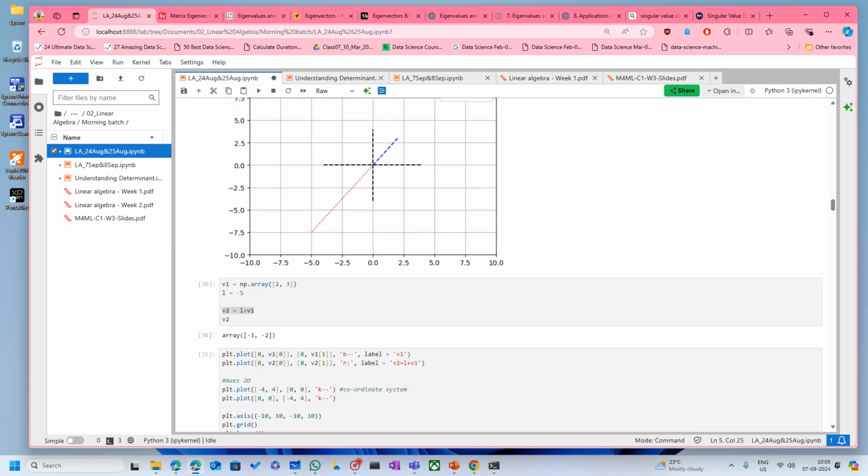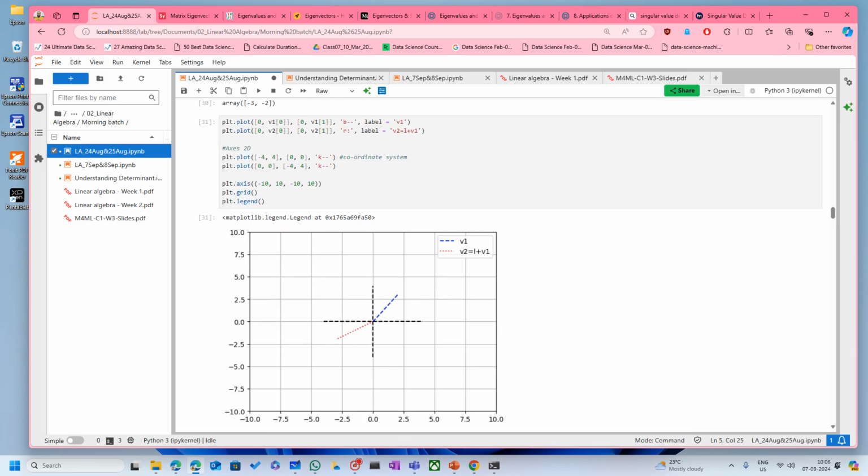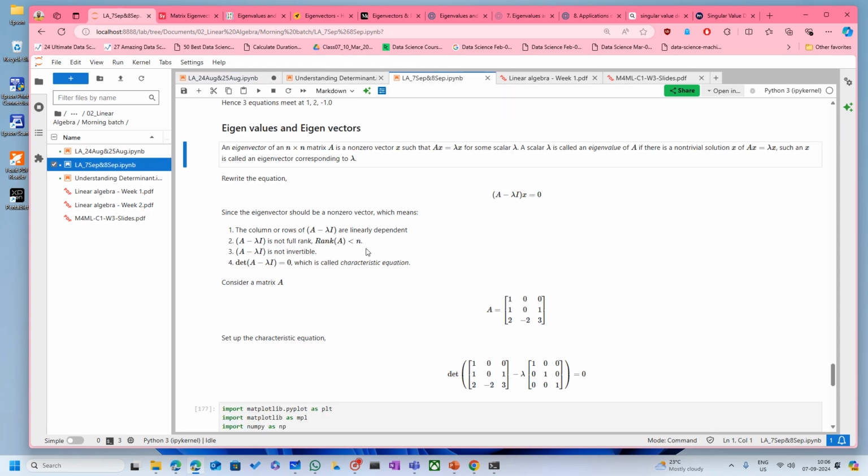So basically what we are saying is, if you multiply a certain scalar value to a vector, it gets stretched, it gets transformed. Stretch and transformation are the same. And if you add it, it not only gets stretched, it also changes its position. Now the same concept we are taking for eigenvalues and eigenvectors.